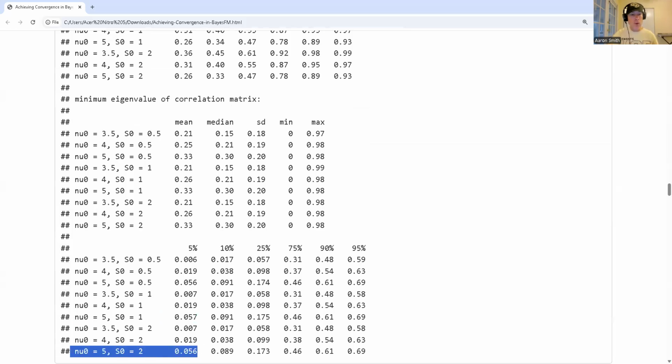I look through here, and I notice that nu0 equals 5, S0 equals 0.5 gives me a decent value. And then nu0 equals 5, S0 equals 1. And then nu0 equals 5, S0 equals 2. So that leads me to conclude that nu0 equal to 5 is a good choice. Now, the S0, I don't really know yet.